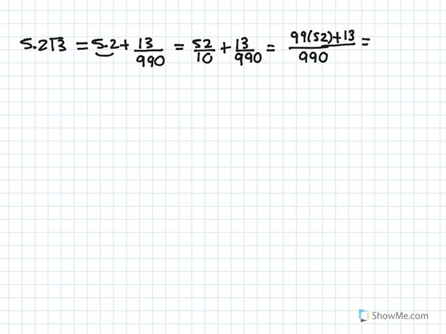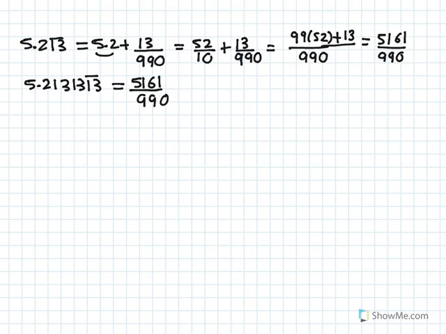This is equal to 5161 divided by 990. So what we have is this repeating decimal, 5.2131313 repeating, and we have applied geometric series to write this as a fraction, a ratio of two integers, 5161 divided by 990.